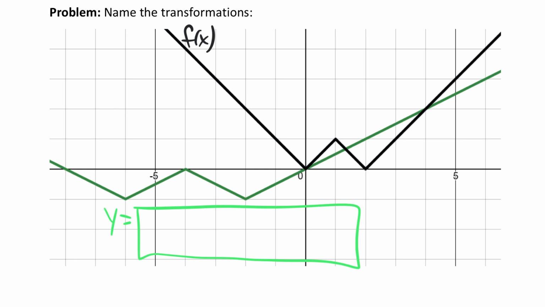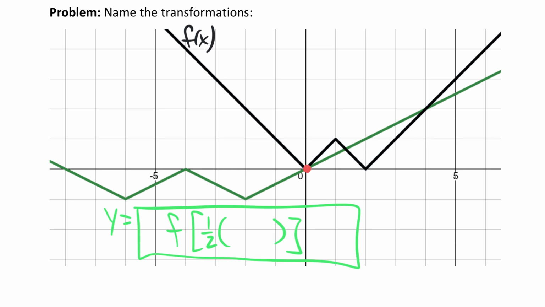So I think in our transformation equation, we're going to have ourselves a 1/2, which will stretch it horizontally by a factor of 2. Now, I don't think there's any reflections, but I do think the graph has been moved. It looks like the graph here has moved to the left 6 and down 1.